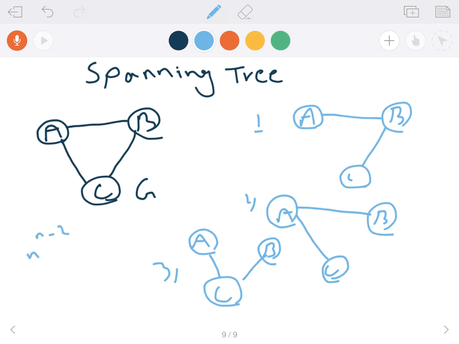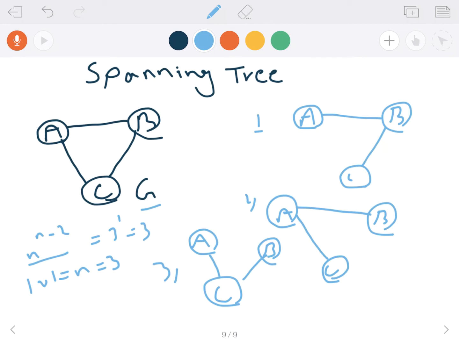In this graph G, the number of vertices n is equal to 3. That means the number of spanning trees is going to be 3 to the power 1, which is 3. And as you see, I drew all the spanning trees of this graph, exactly 3. We cannot draw any more spanning trees for the graph G, because that's all we have.